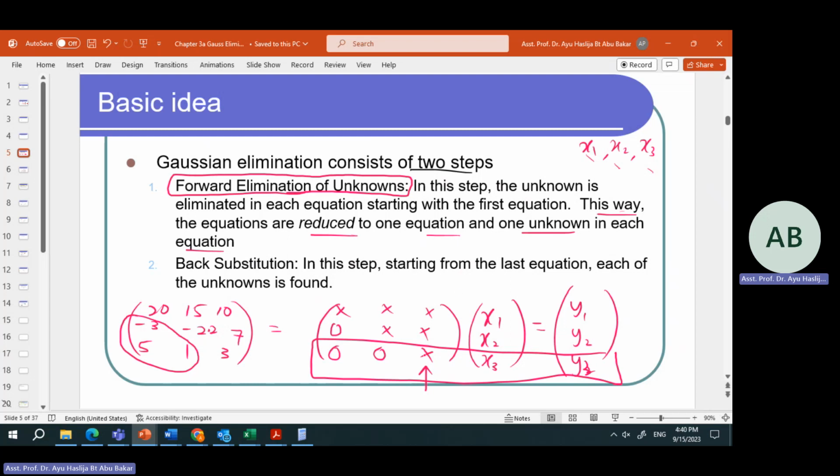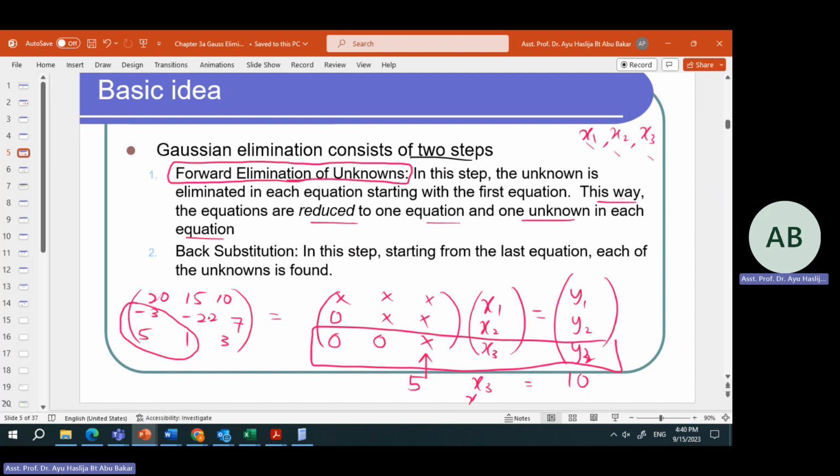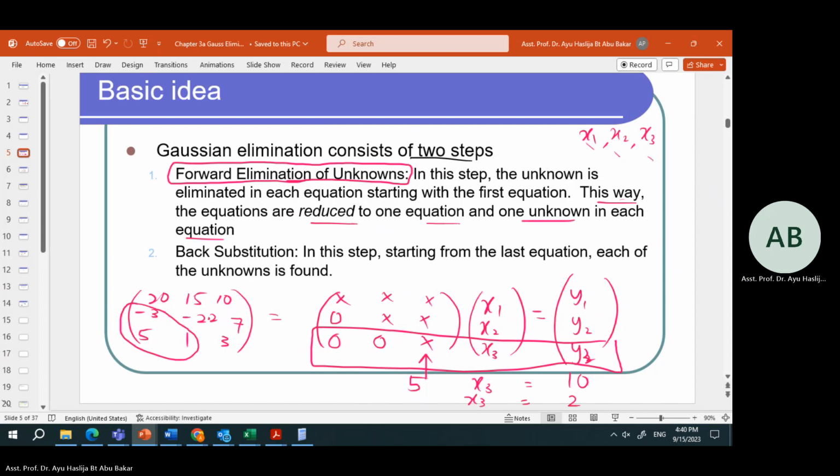For example, this one is left with 5 x3 equals 10. So from here, using the third equation with only one unknown, you can calculate to find out your x3. So x3 will be 2. That's the purpose of using Gauss elimination. It eliminates one by one so that it reduces to one equation and one unknown.